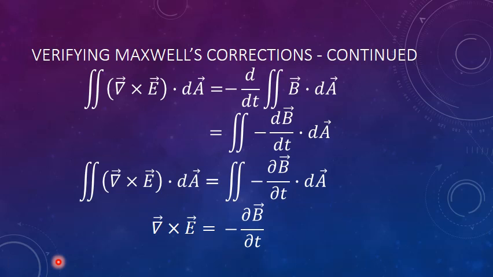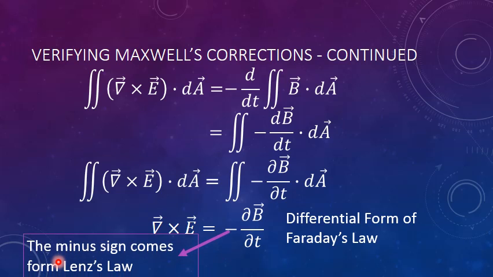What did he do next? So we call this the differential form of Faraday's law. And that minus sign there, this little thing right here, that comes from Lenz's law.